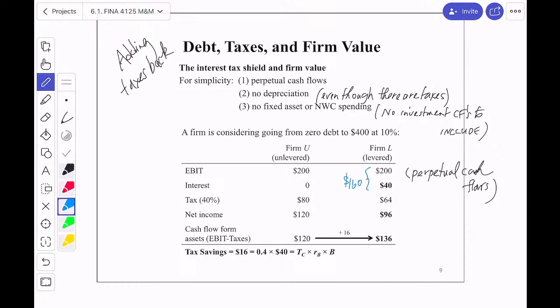I'll show you the steps. This is equal to 160 times 0.4. And then this is equal to 200 minus 40 minus 64, right?